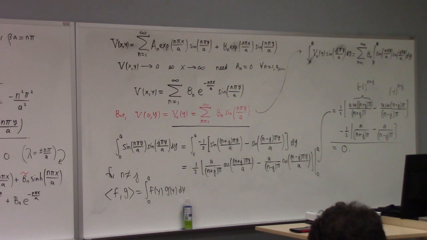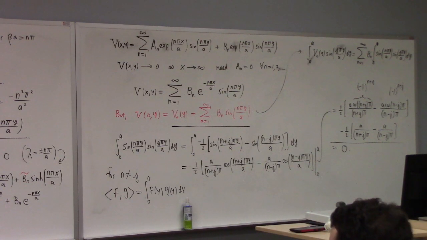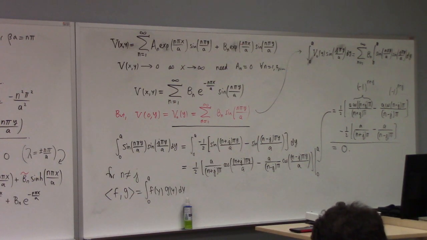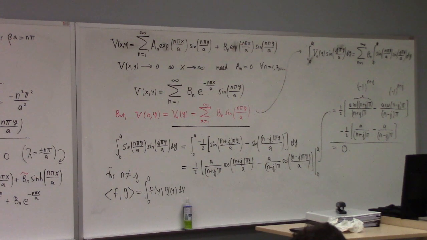And that integrates to y over 2 minus a over 2 times 2n pi times the sine of 2n pi y over a.